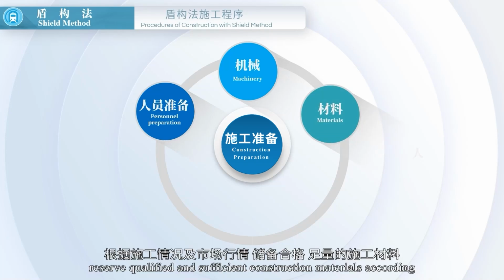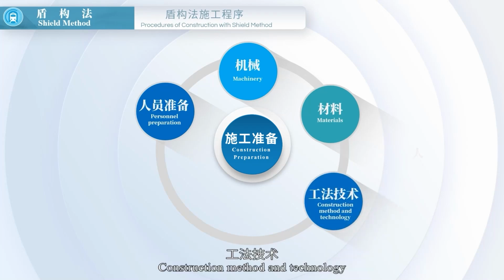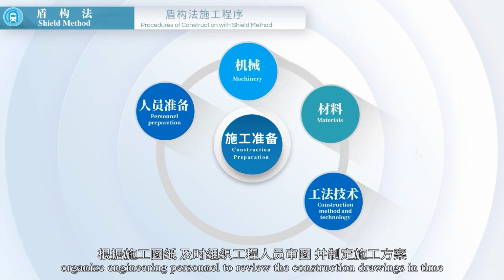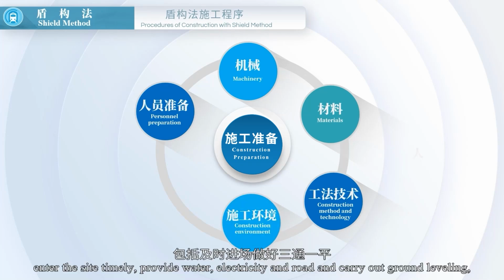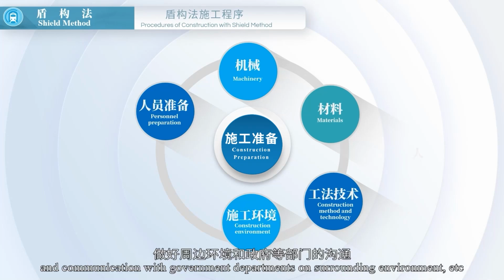Materials: reserve qualified and sufficient construction materials according to construction conditions and market conditions. Construction method and technology: organize engineering personnel to review the construction drawings in time and formulate the method statement. Construction environment: enter the site timely, provide water, electricity, and road and carry out ground leveling and communication with government departments on surrounding environment, etc.